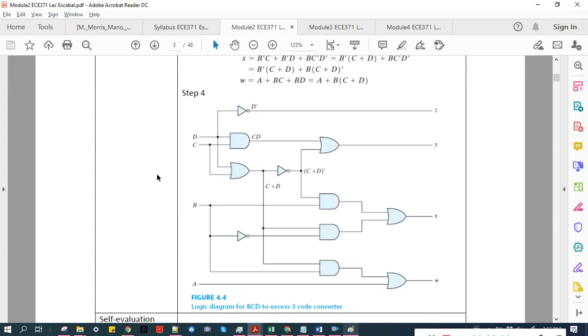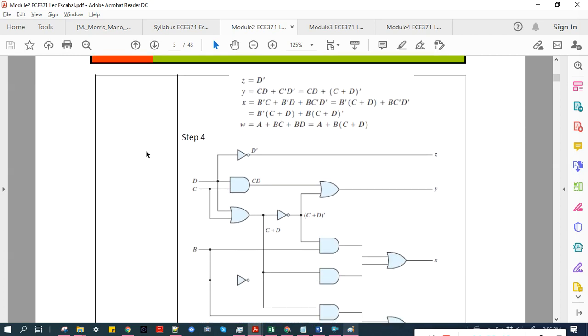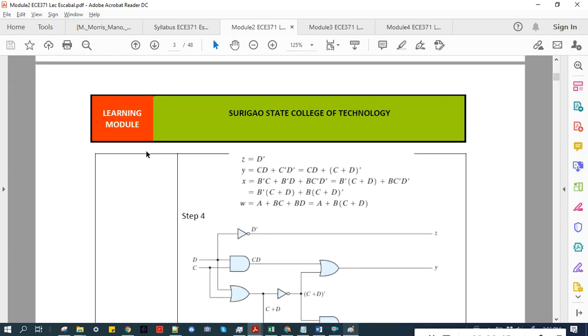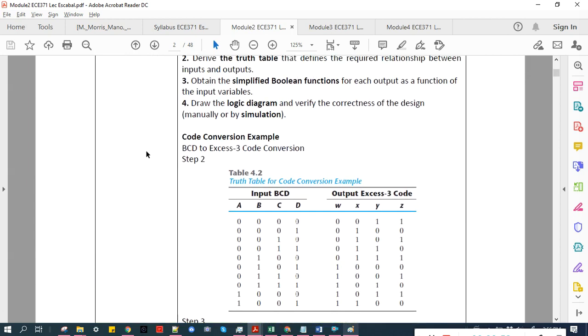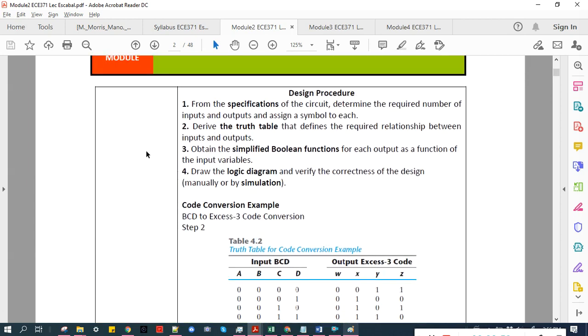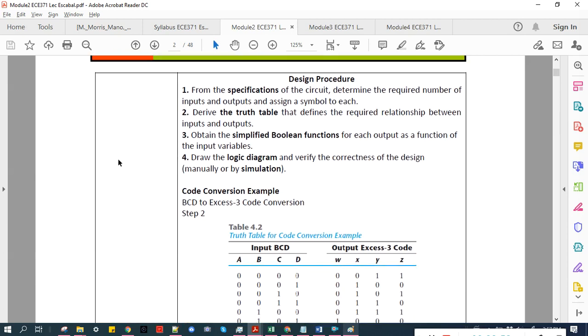Anyway, the actual software tool will do it automatically. But what is shown here is the steps on how we design from the specifications to drawing the logic diagram.